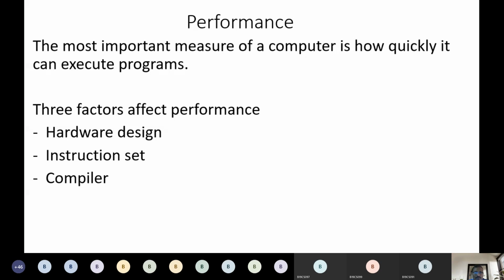Based on that, we say my computer is faster than the other computer, right? So performance is a measure of how quickly a computer executes programs.